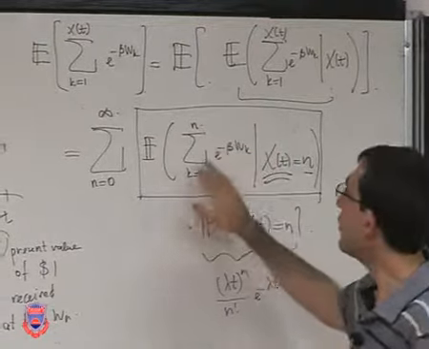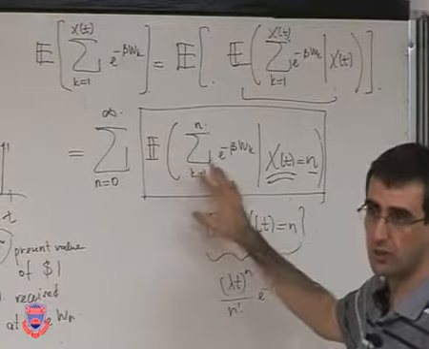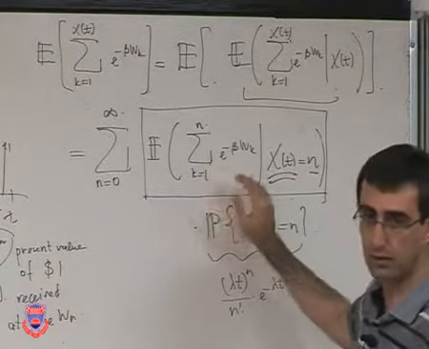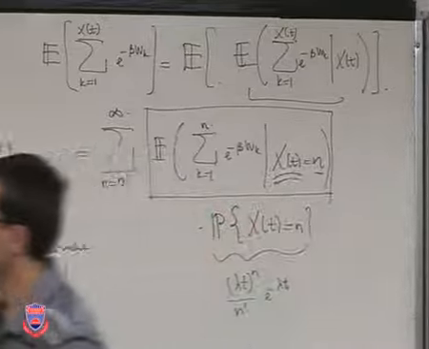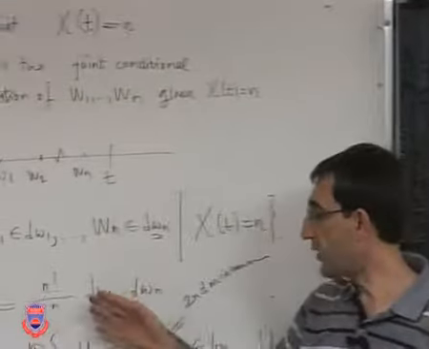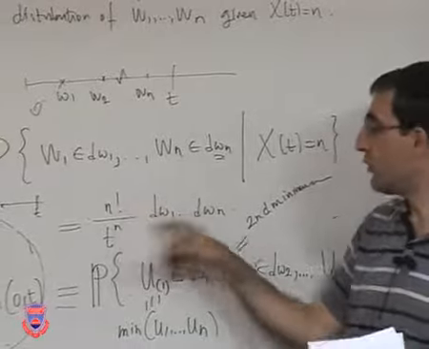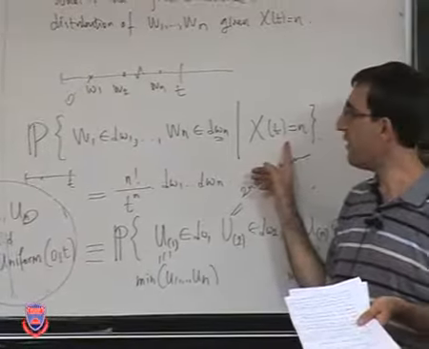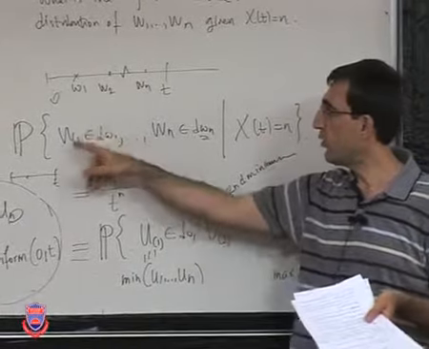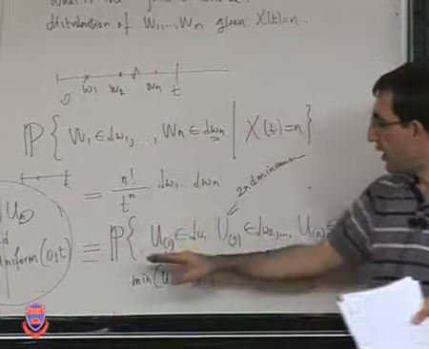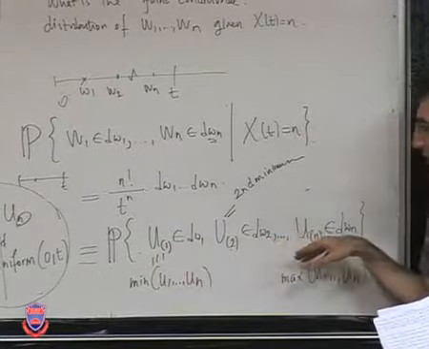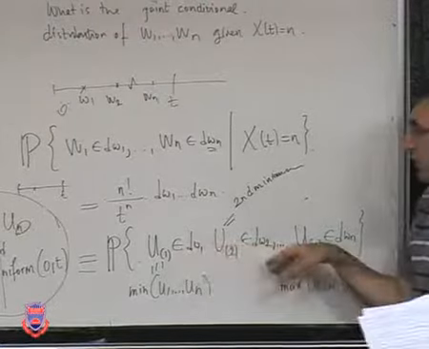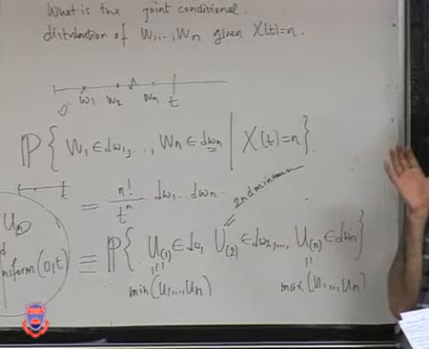And that may suggest that we have to take lots of integrations, but guess what? We will not need to do that. We are going to use not this formula but this connection, namely conditioned on the number of arrivals, the joint distribution of arrival times is the same as the joint distribution of these ordered statistics of uniform random variables.